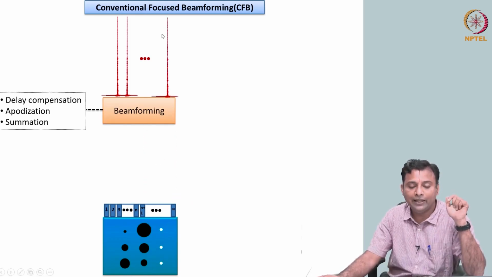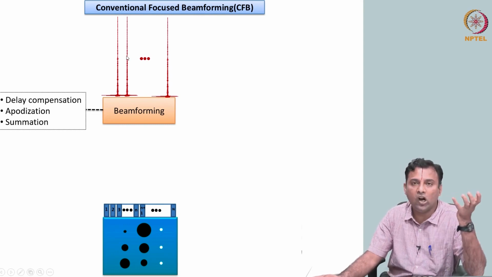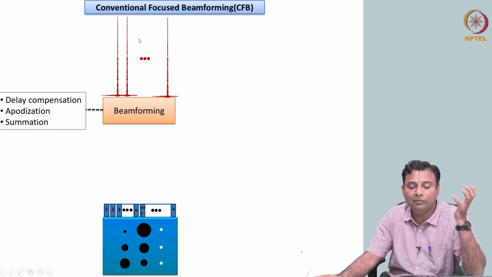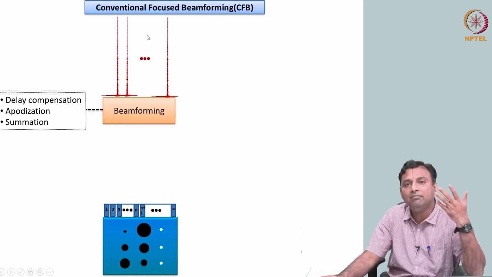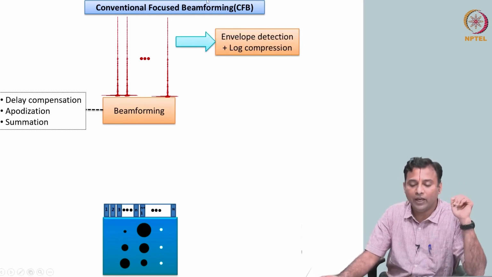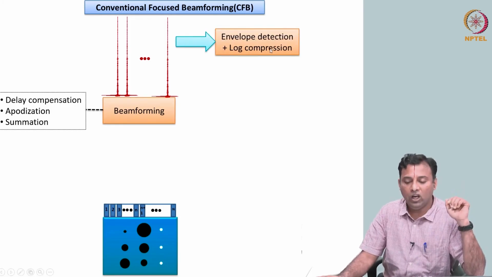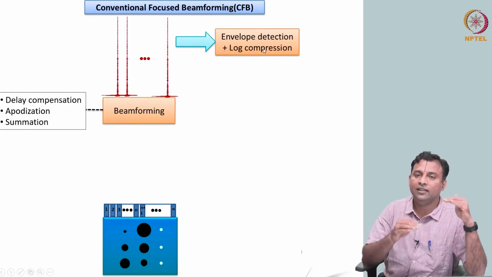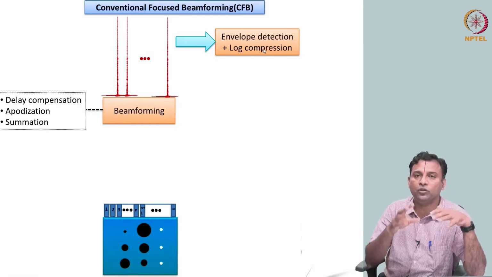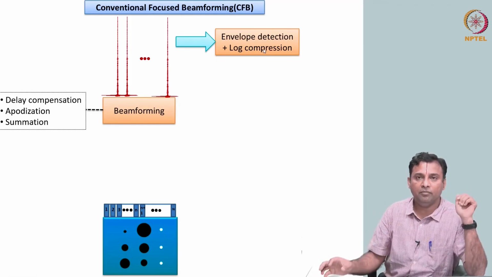So now you get the image data, beamformed image data. This is the depth direction, this is your width direction. Oh, this is raw data. What am I interested in? The image is a brightness image. So I need the envelope and then color code. I will do envelope detection and log compression, just so that a few strong points do not saturate the image.